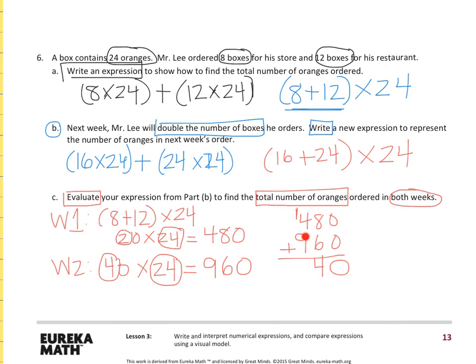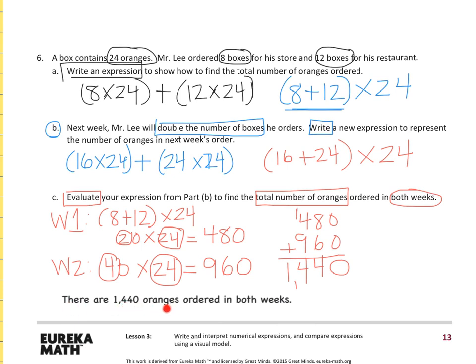So I'm going to do some quick math. 9 and 1, that's an easy 10, plus 4 more is 14. So we have 14, or 1,440.